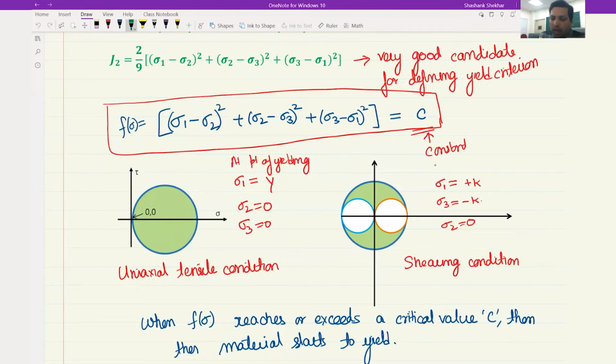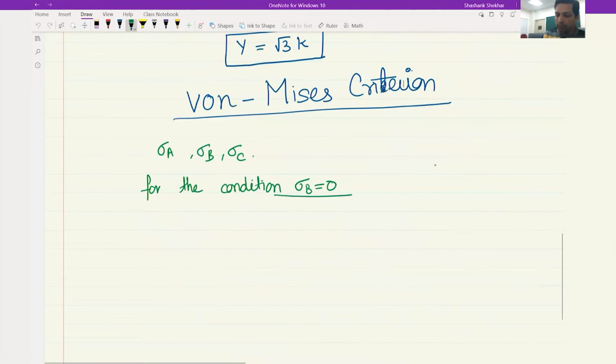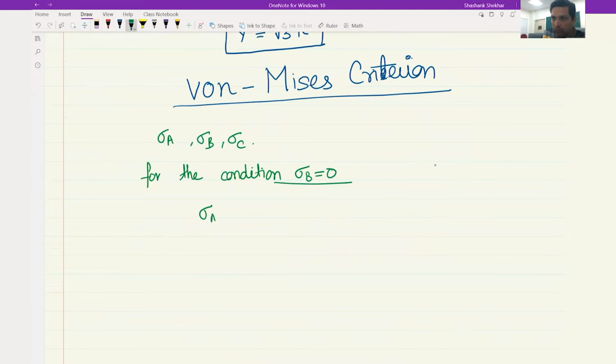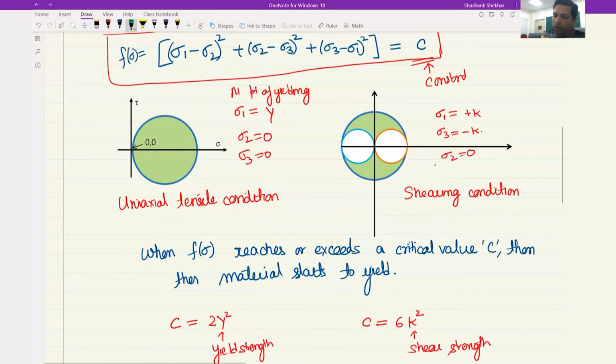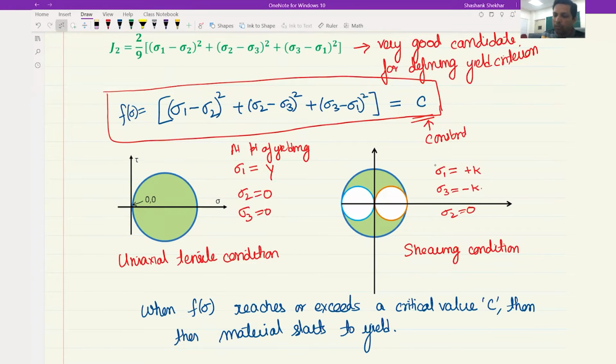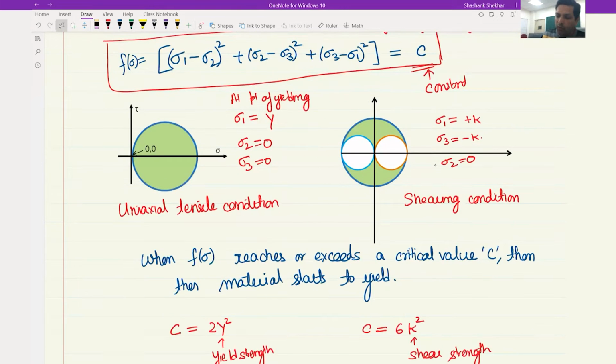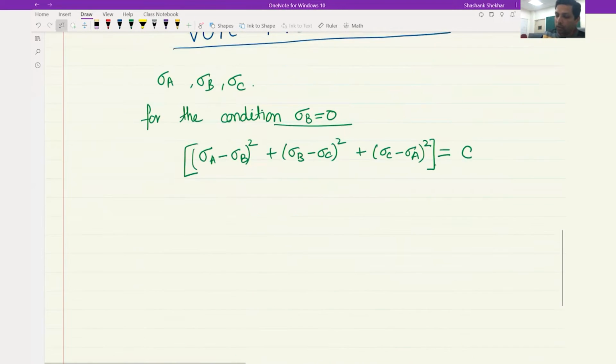Here, let's say we will now convert it to sigma A, B, and C. So we will write it as: here we are taking this equation and converting 1, 2, 3 to ABC, and the constant C, which we know is equal to either 2y square or equal to 6k square.